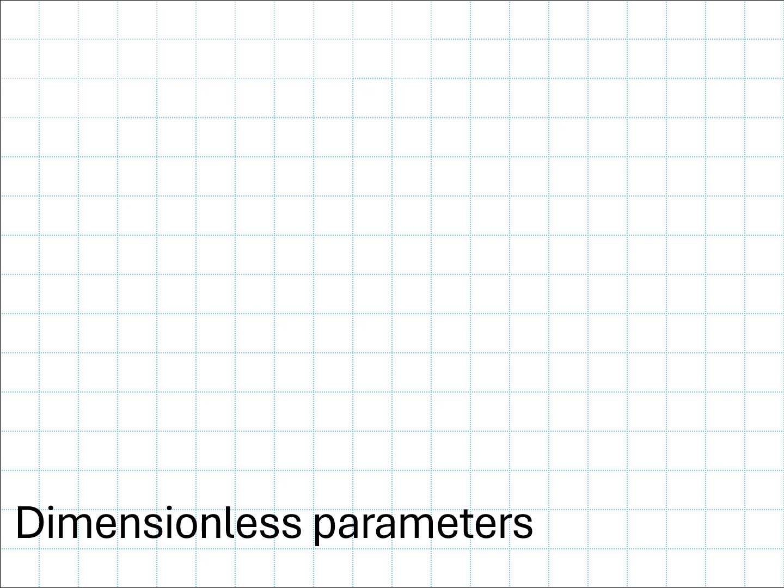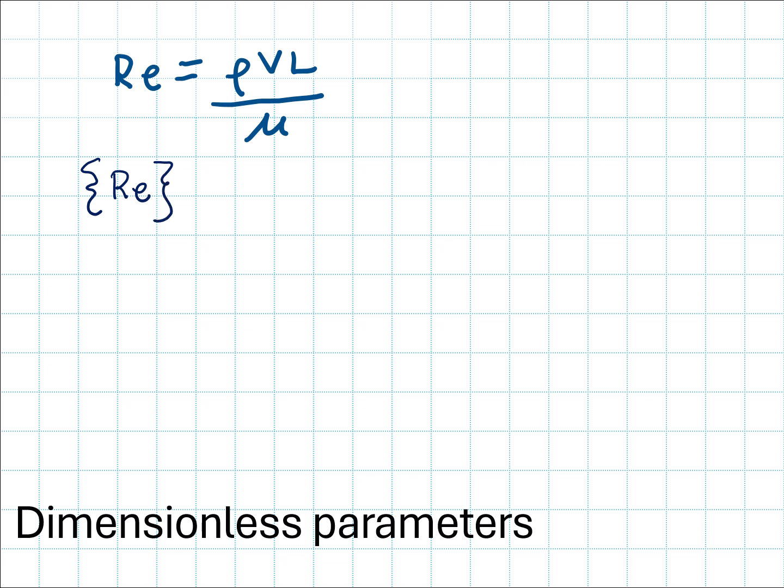Another dimensionless parameter that we have analyzed in this class is the famous Reynolds number, that ratio of inertial to viscous forces that we use to characterize flow regimes. We've got density, velocity, and a length scale in the numerator, and then viscosity on the denominator. If I want to know my primary dimensionality of the Reynolds number, again, I'm going to have my mass to the power of 1, length to the power of -3 up here for density.